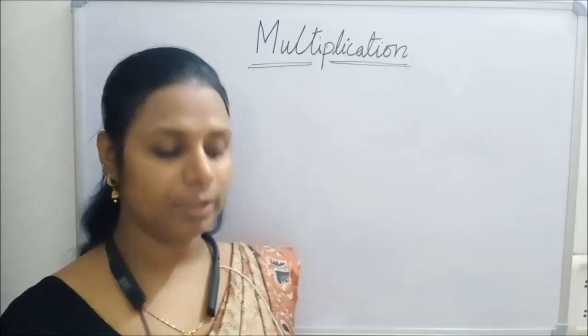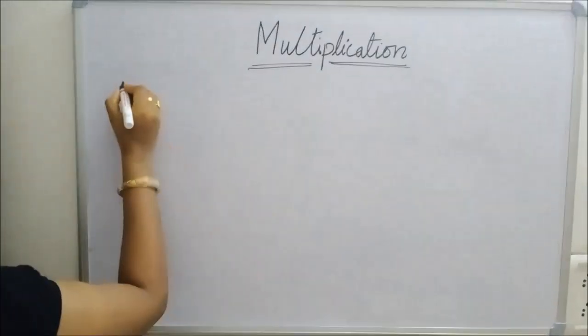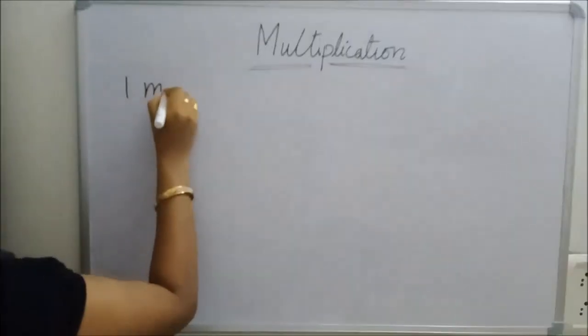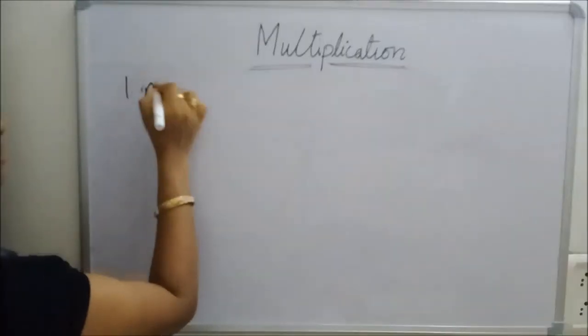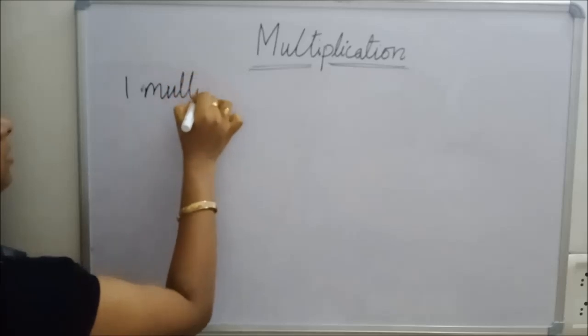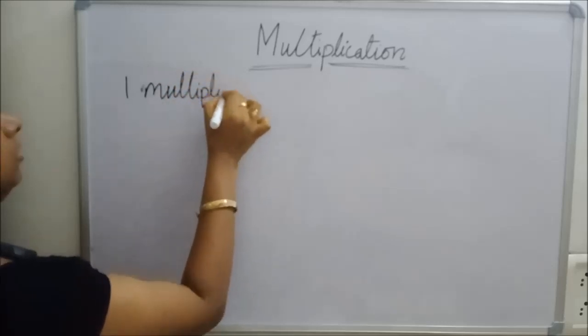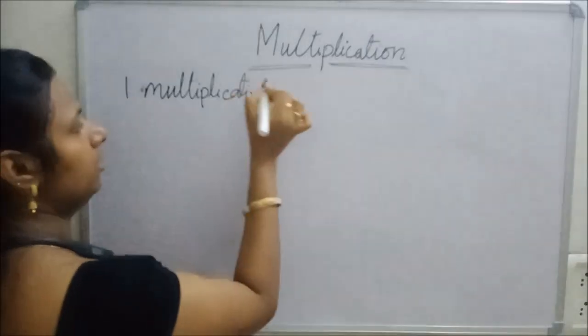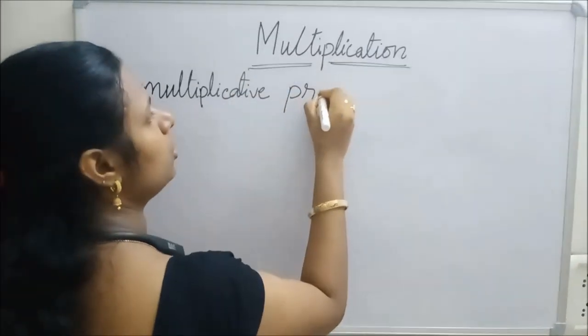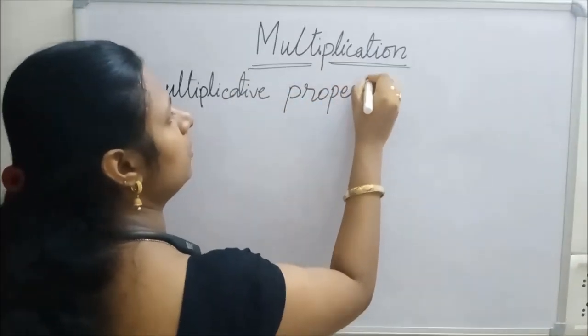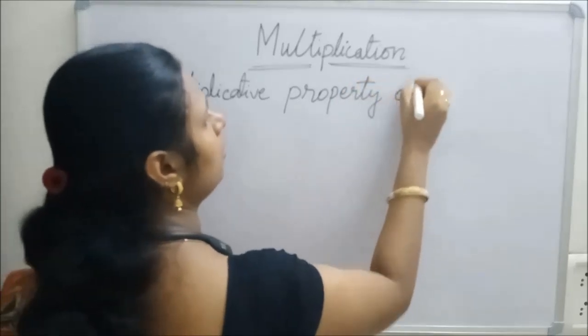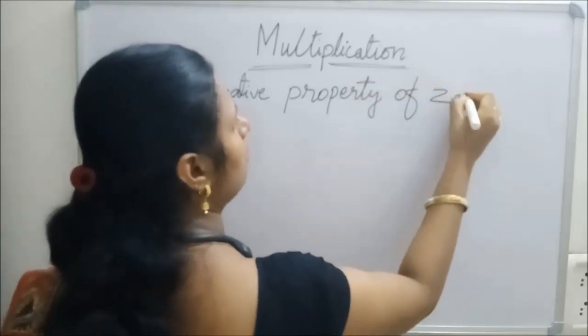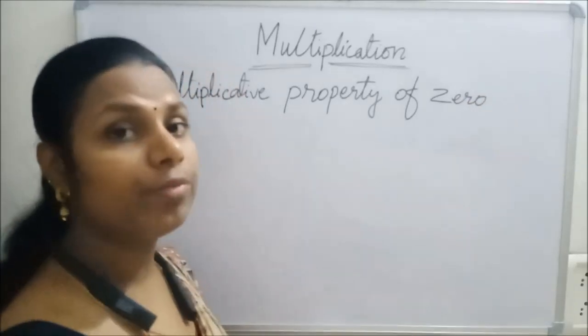Okay. Now here, the first one, multiplicative property of 0. Multiplicative property of 0.